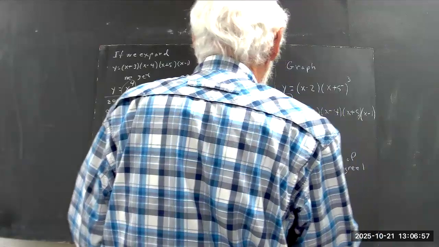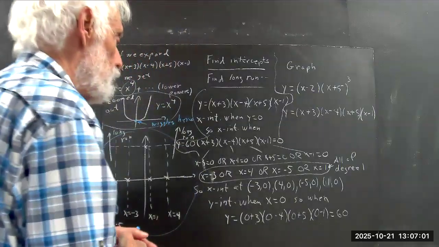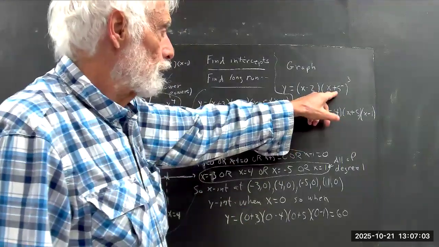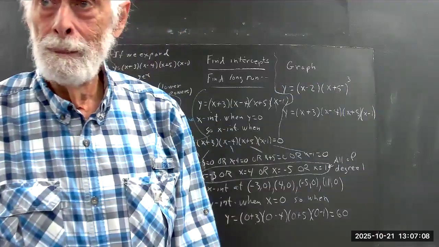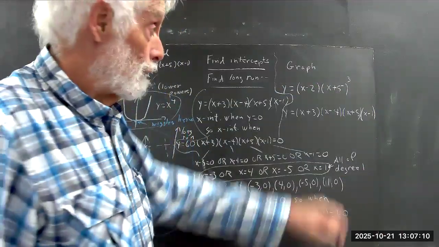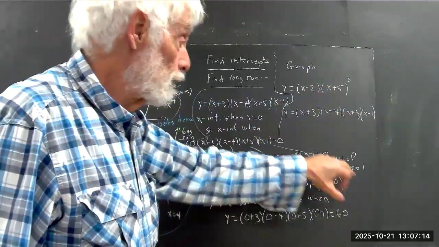these are all of degree 1, as opposed to the 0 you get here, which would be of degree 3. This acts like a cubing function near the 0. These act like linear functions.